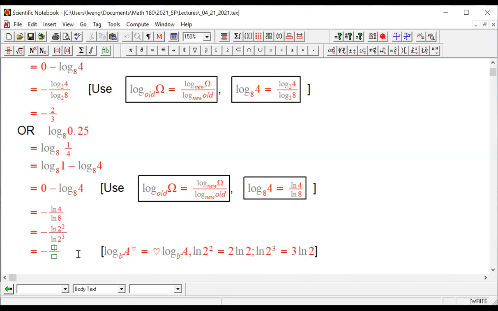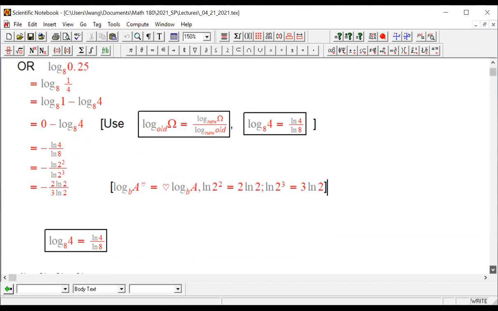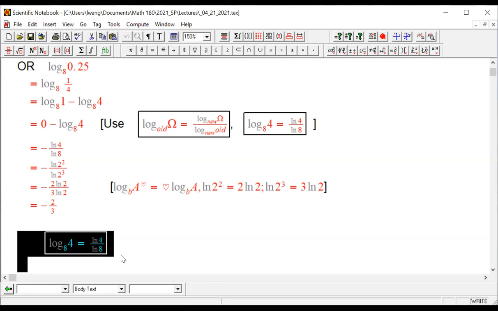So the top equals 2 times ln 2, and the bottom is 3 times ln 2. What happens next? ln 2 is a number, and ln 2 and ln 2 reduce. So you're going to get negative 2 over 3. Do you follow me?